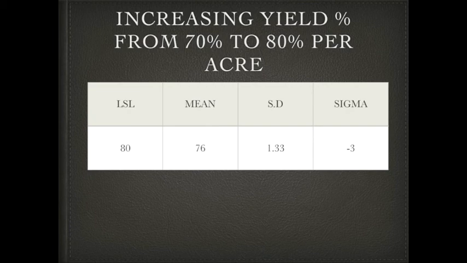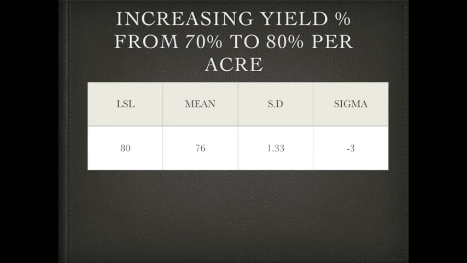Now, in this example, we have a lower specification limit. Since we are increasing the yield, we don't want the yield to go below 80%. So the target is 80%. We don't want the yield to go below 80%, so we fix that as the lower specification limit.